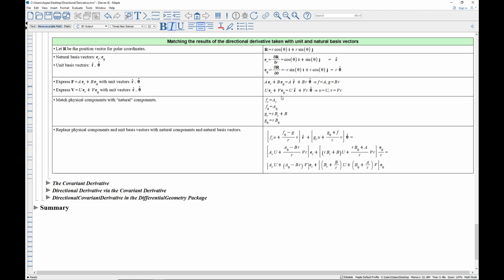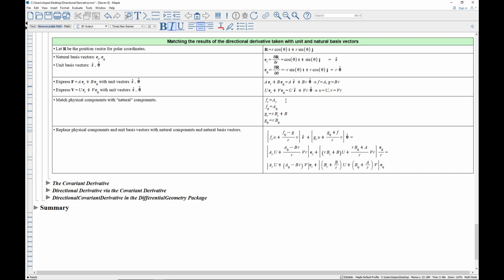And when you have a direction vector, uv, referred to natural basis vectors, u stays u. But there's an r factor here, which you bring over and put with the v in order that this be a unit vector. And so the v is big V times r.